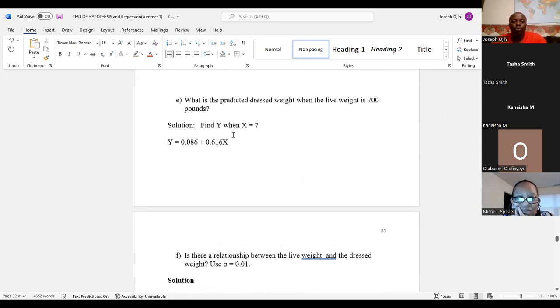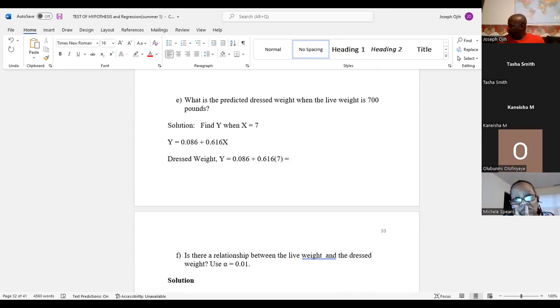I say predict the dress weight: y equals 0.086 plus 0.616. For the x, you put 7.